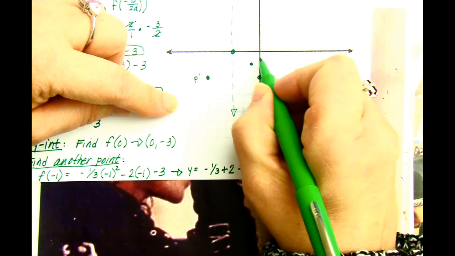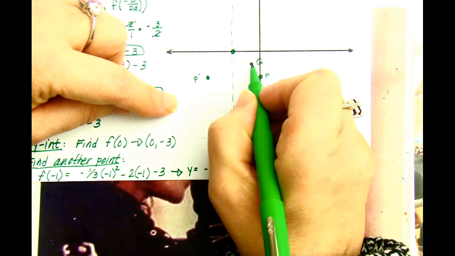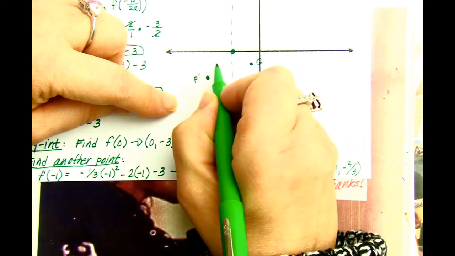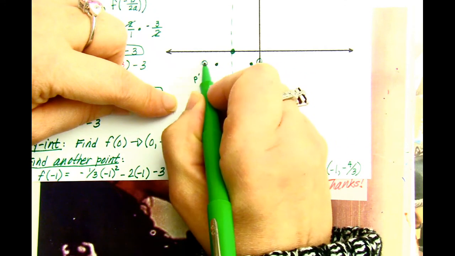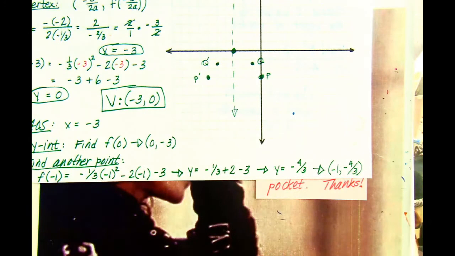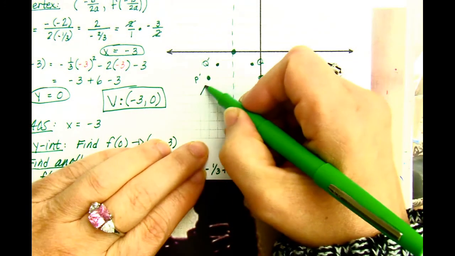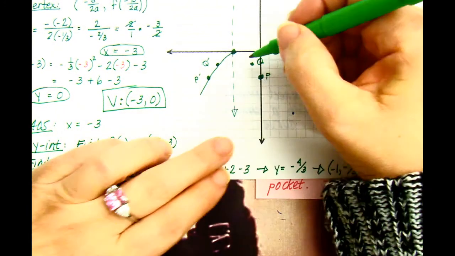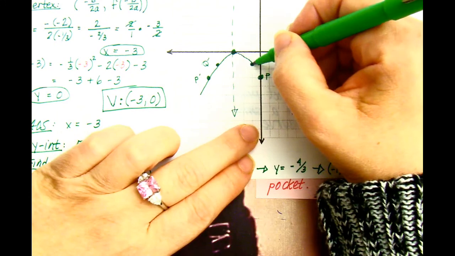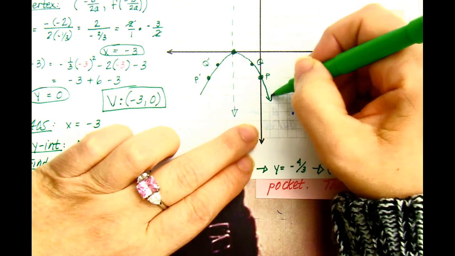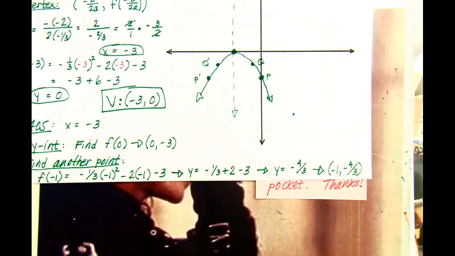So I'm going to call that point Q. 2 units to the right means 2 units to the left for Q prime. And now I'm going to connect my points with a smooth curve. And this is how you graph the parabolas of the form y equals ax squared plus bx plus c.